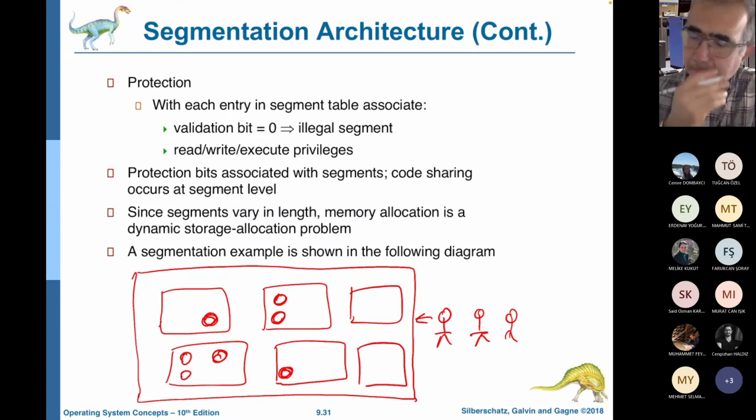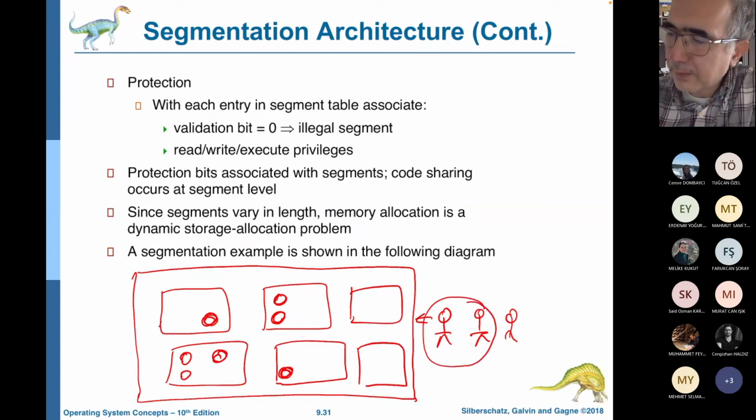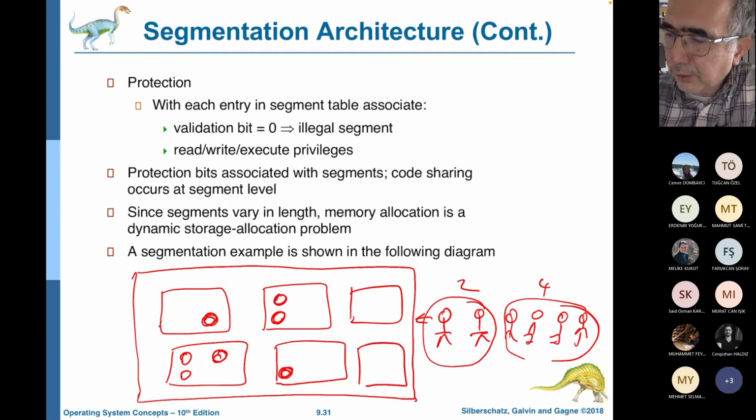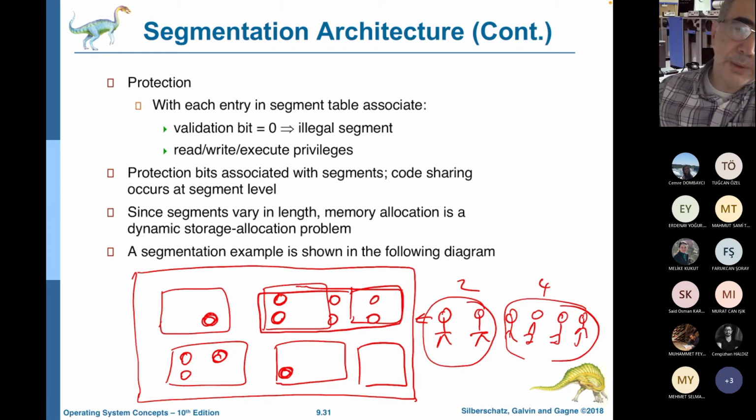When you have segmentation, that means you are grouping friends so that they don't look for a contiguous 6-person table.